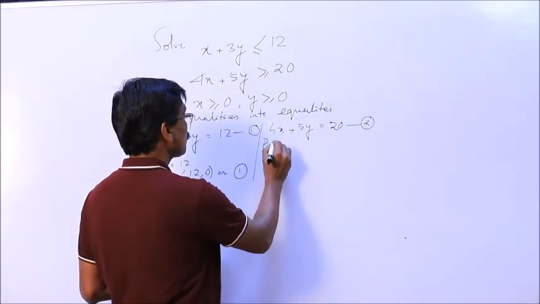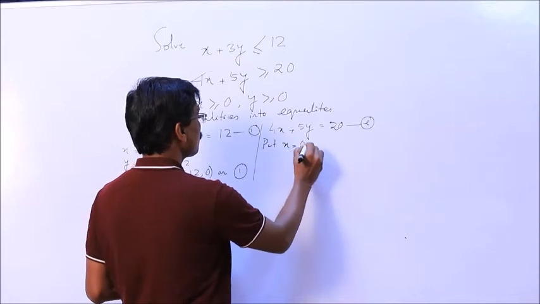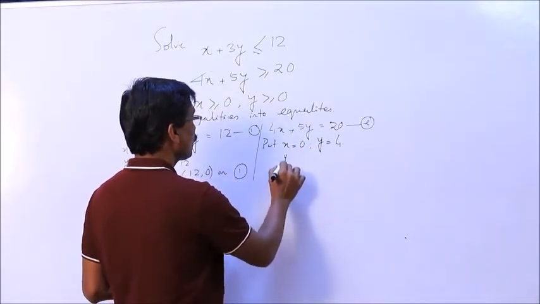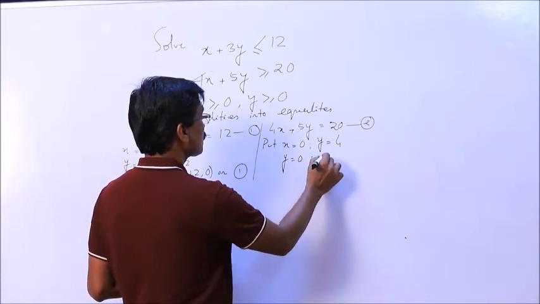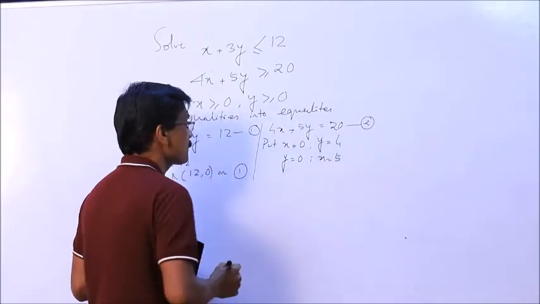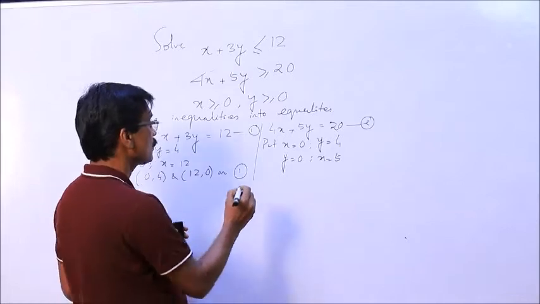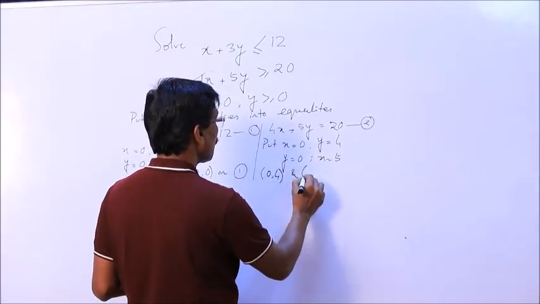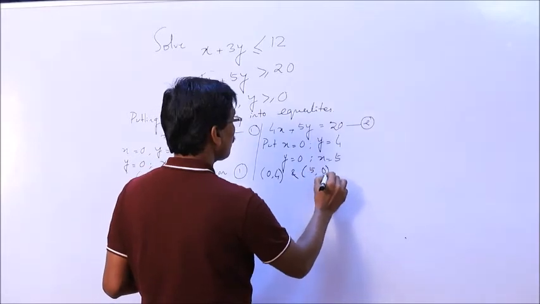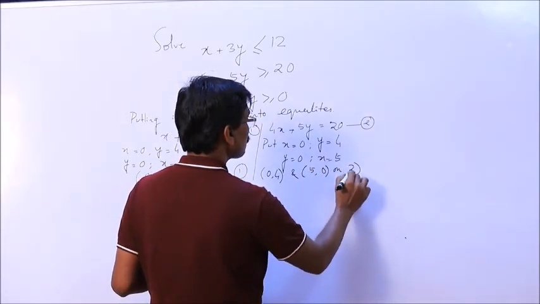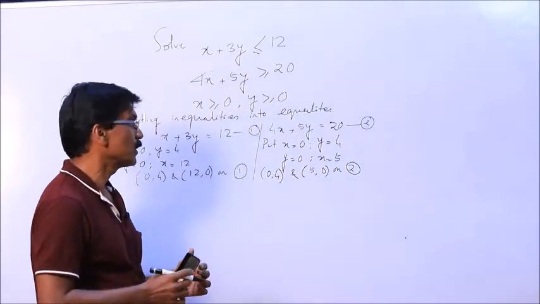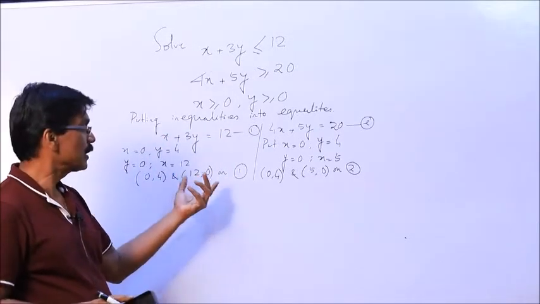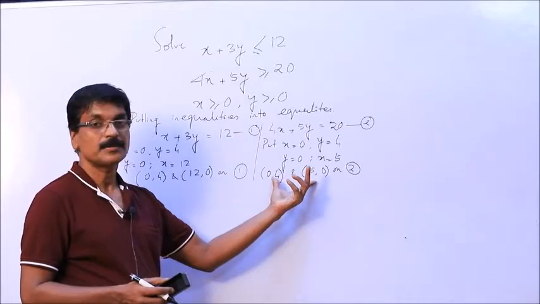Subsequently, if we put x is equal to 0, we have y is equal to 4 and y is equal to 0, x is equal to 5. So, 0 4 and 5 0 on equation 2. So, for the first line we have 2 given points and for the second line we have 2 given points.